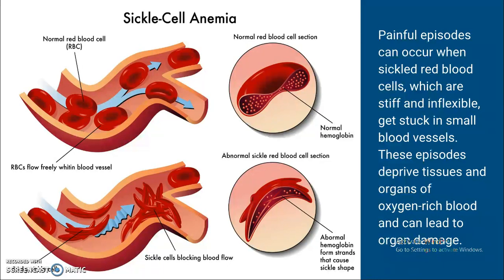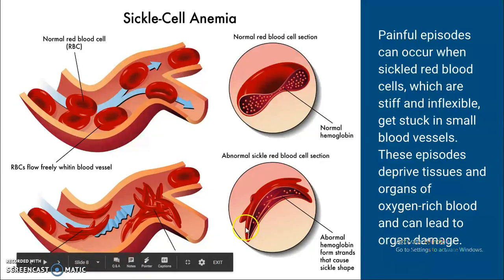It can also lead to stress in the lung, pulmonary stress. It can also lead to high blood pressure and therefore cardiac disease, and honestly a whole lot of problems. But here's again a normal red blood cell, and then the sickle cell, and they get stuck and they can block the blood vessel.